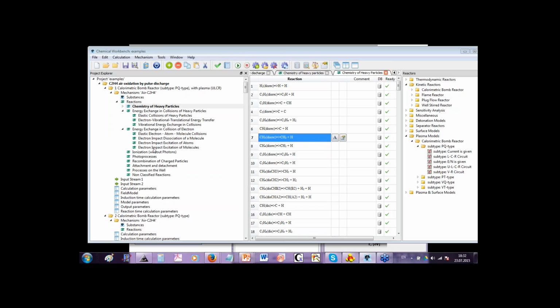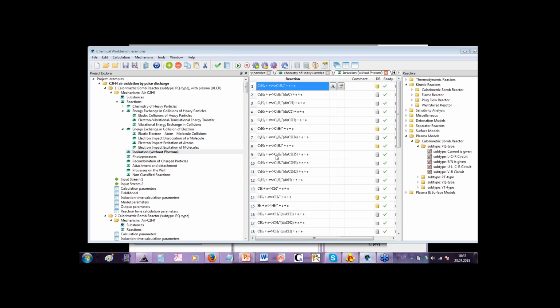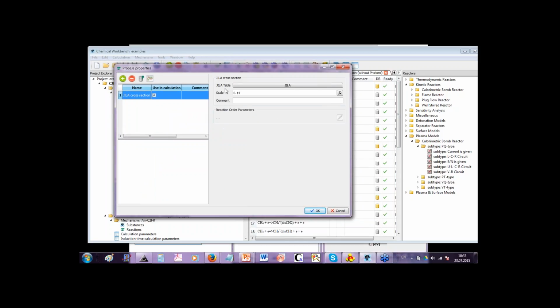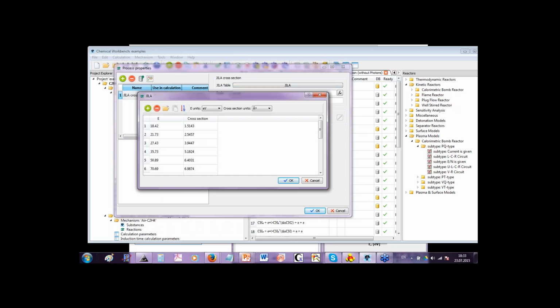This reaction looks like a normal chemical reaction. What about, for example, ionization? Let's look at the ionization processes we have here, for example, ionization of ethylene. Here you see the parameters for the cross section presented in a simple format: the left column is the energy, the right column is the cross section.